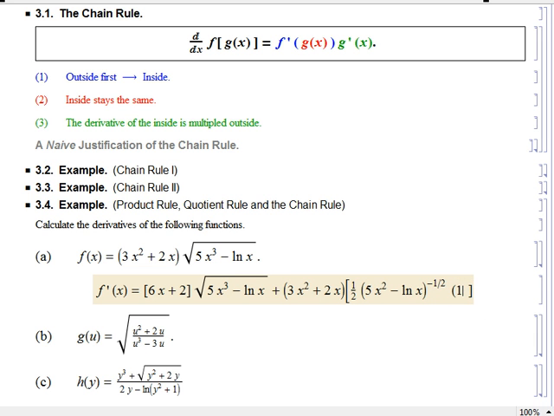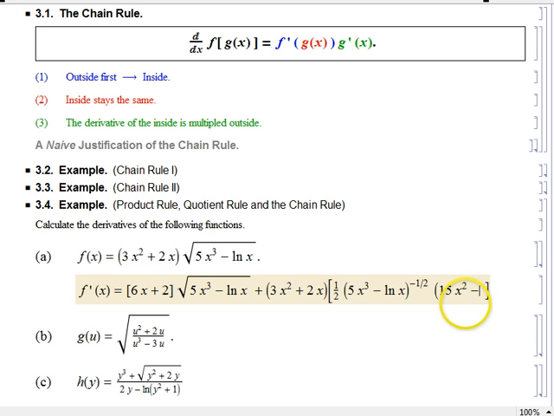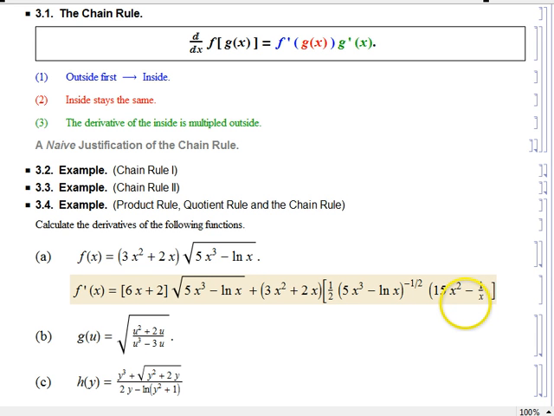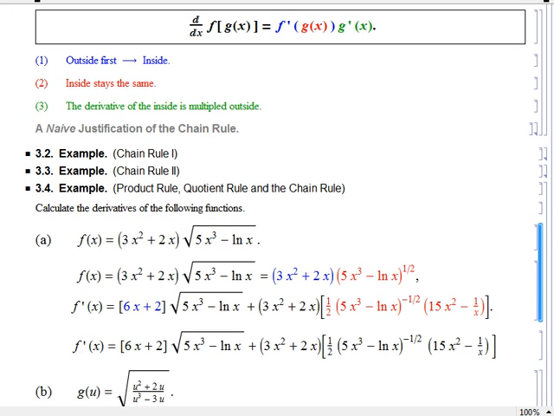What is that? 10, excuse me, this should have been cubic power. So not 10, the 15x squared minus 1 over x. That will conclude this problem. Let's see if I did it right. Let's open up this cell, and yes, everything is right.